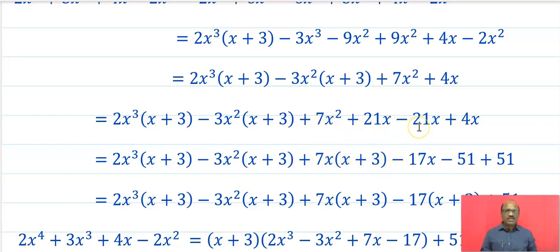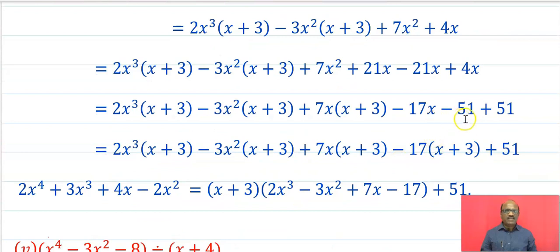Now minus 21x and plus 4x. Then here is a minus 17x. And adjust here. Now from this minus 17x, I will take minus 17 as common. Then in bracket, I will get x plus 3. So I will have to adjust minus 51 here. If I take minus 17 common from these two, then how much will we get in bracket? x plus 3 plus 51.